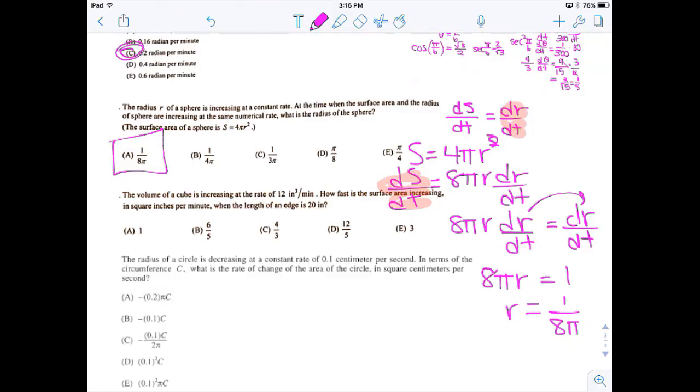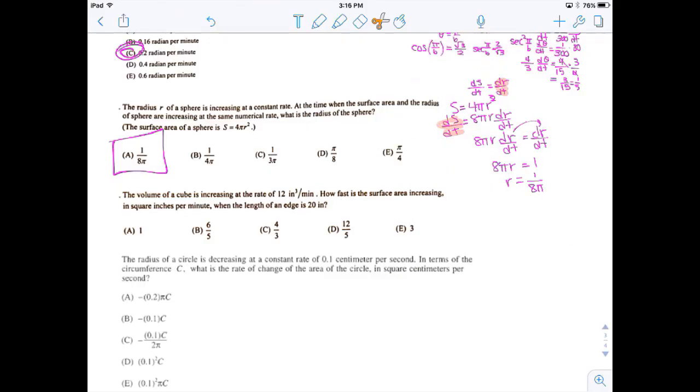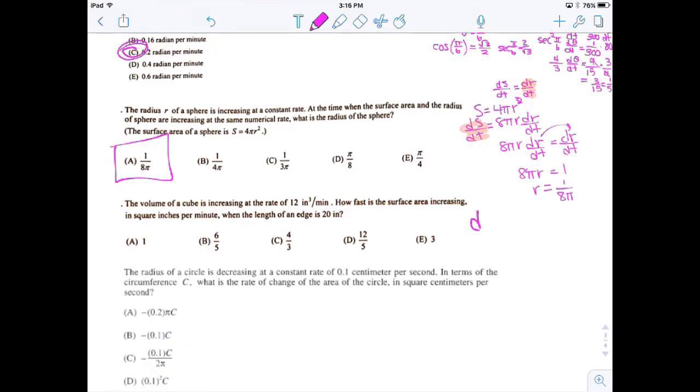Okay, let's look at another one where you have to do some thinking through your variables. Looking at this next one, the volume of a cube is increasing at a rate of 12 inches cubed per minute. So dV dt is 12, and it's positive because it's going up. How fast is the surface area increasing when the edge is 20? So when E, for edge, is 20.